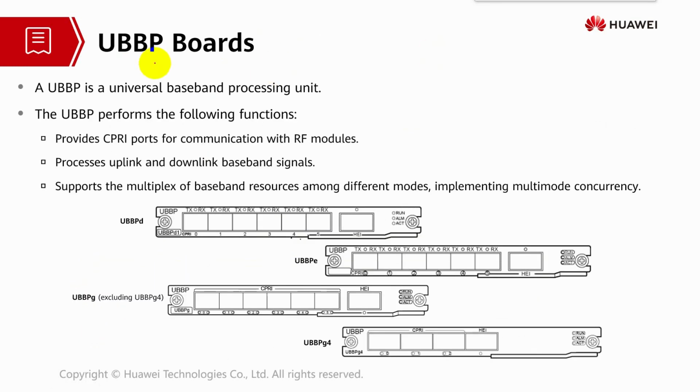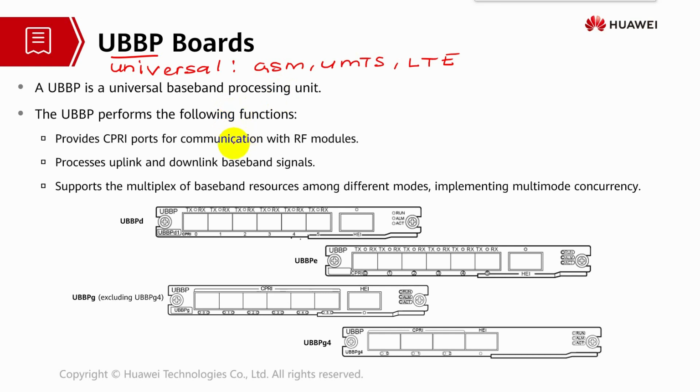When we compare with the universal baseband unit board, universal meaning it is applicable for all other technologies as well, for example GSM and UMTS, inclusive of the LTE network, together with other types of modules, NB-IoT and also NR for 5G. The UBBP performs the following function as well. It's similar to LBBP.